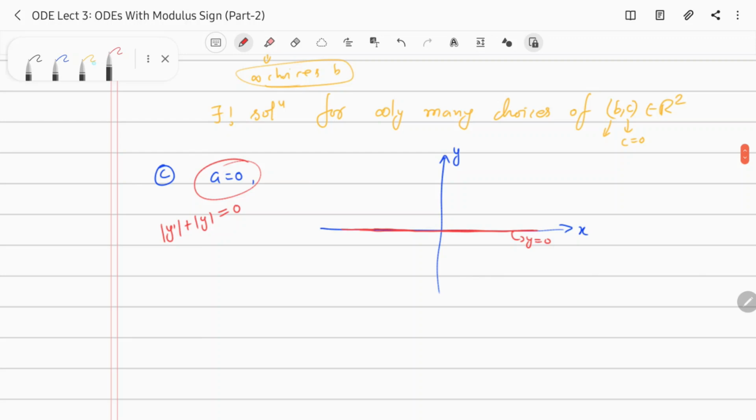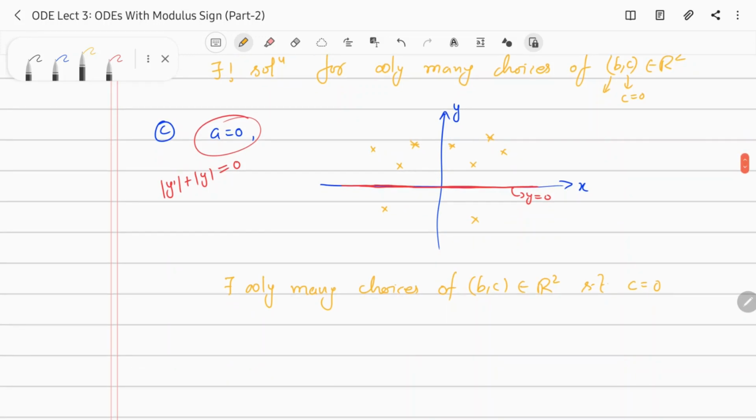Now if you see here, if I'm taking B and C in the first, second, third, fourth quadrant, anywhere except the x-axis, then there exist infinitely many choices of (B, C) in R square such that C is not equal to 0, and there exists no solution, right? So this implies option C is also correct.